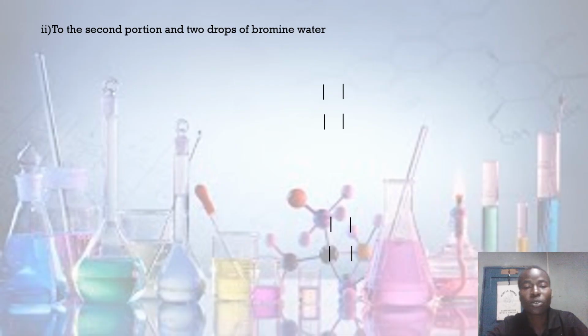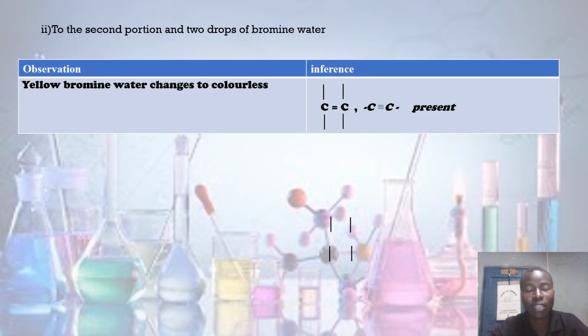Next, we have the use of bromine water. Bromine water can only test for double bond or triple bond. Bromine water is yellow in color. If it changes from yellow to colorless, it implies that alkene and alkyne are present, or rather double bond or triple bond are present.